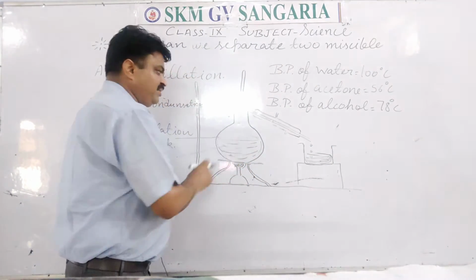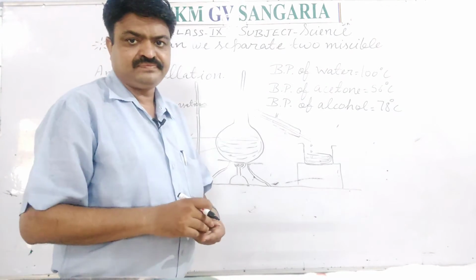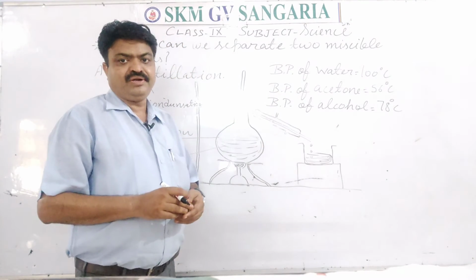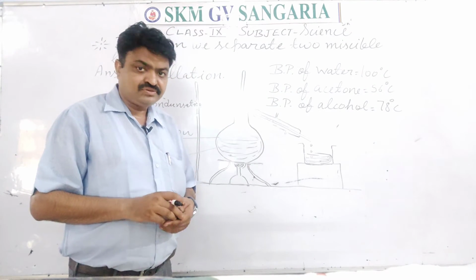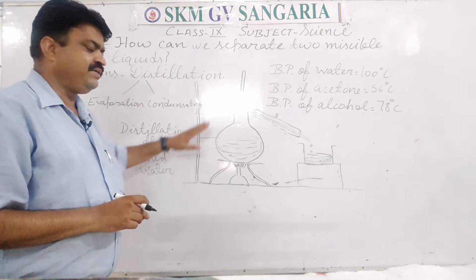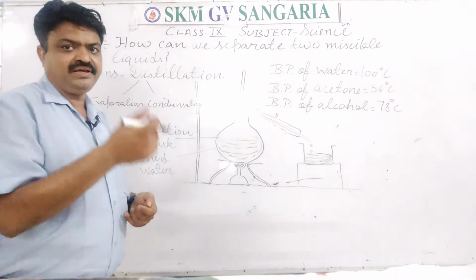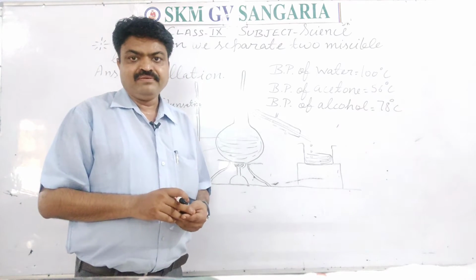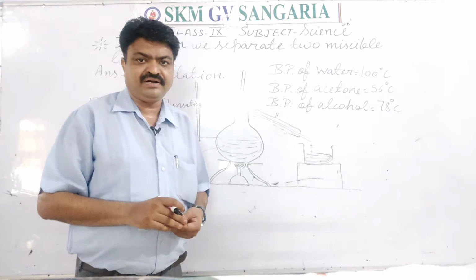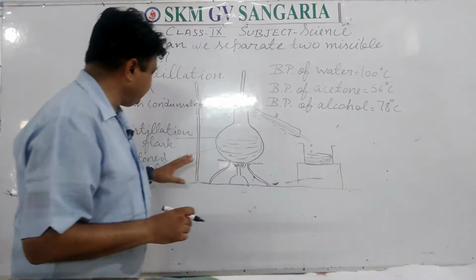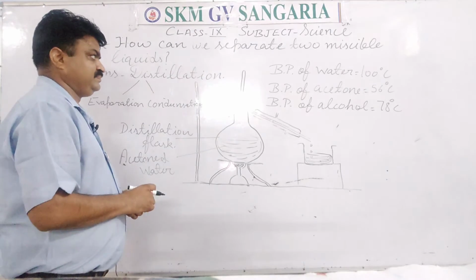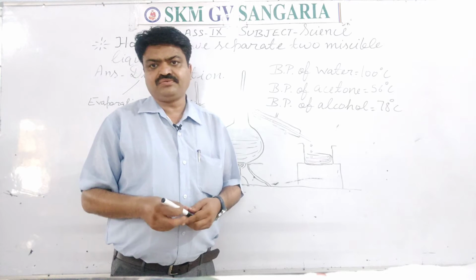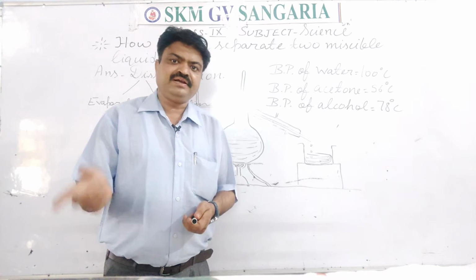And what will remain here, students? It is water, because water has a boiling point of 100 degrees Celsius. So first the acetone will evaporate, and after the acetone, the water will evaporate. So due to the difference in boiling points, we can easily separate these two liquids, students. First is acetone, second is water.